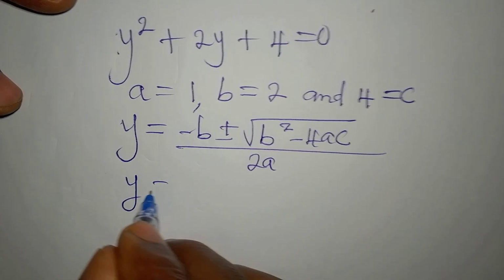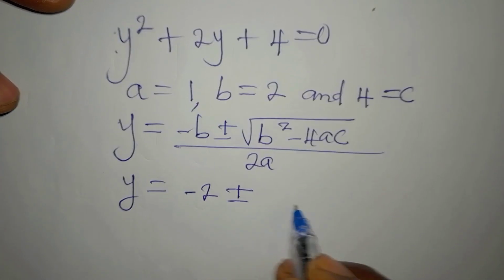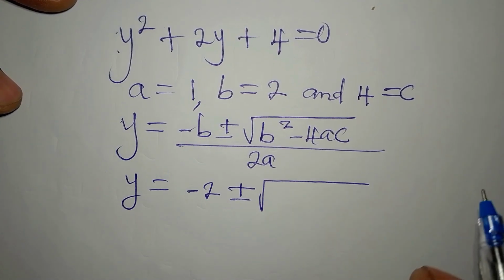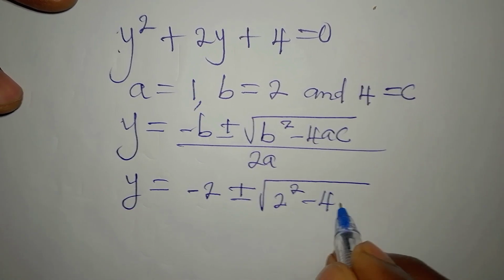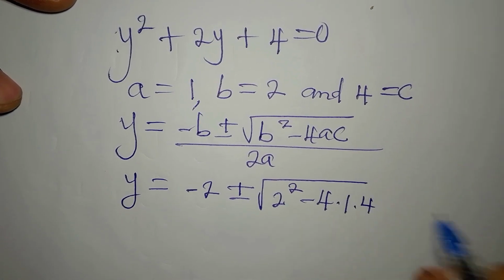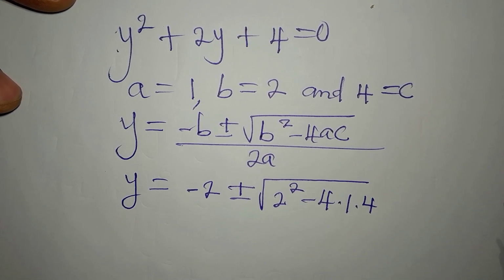Now y is equal to minus b, that's going to be minus 2 plus or minus square root of b squared, which will be 2 squared, minus 4 times 1 times 4. Because c is 4 and a is 1.